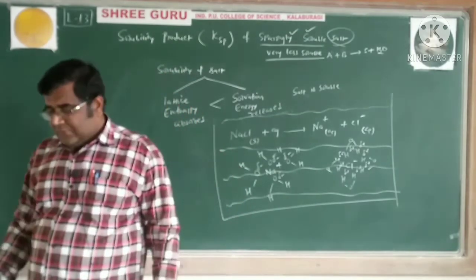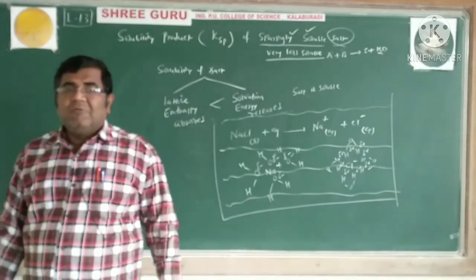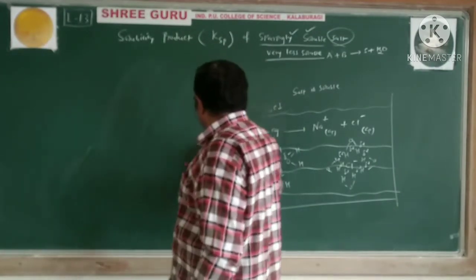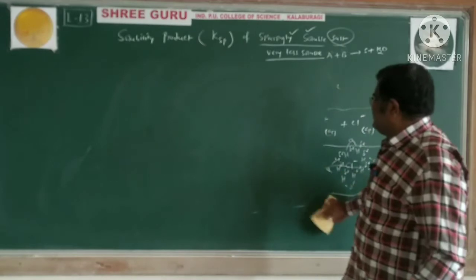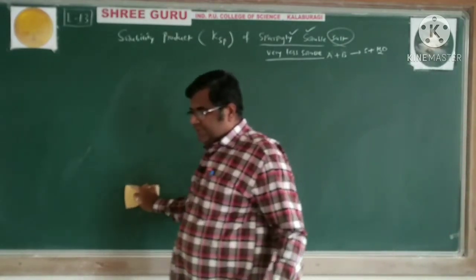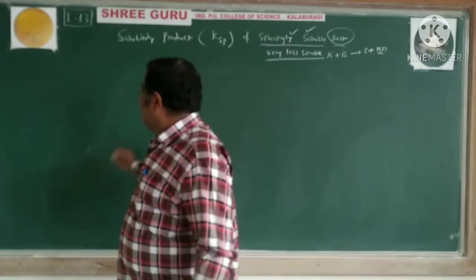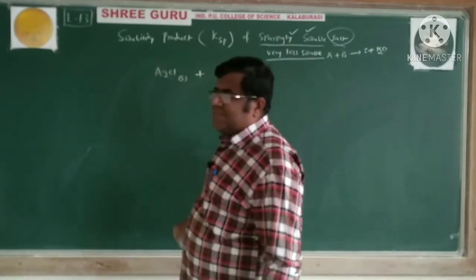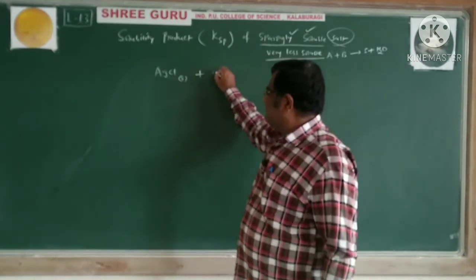So this equilibrium is also very interesting, and we should take account of that. See how this equilibrium is studied. We will take silver chloride, which is an example of a sparingly soluble salt.